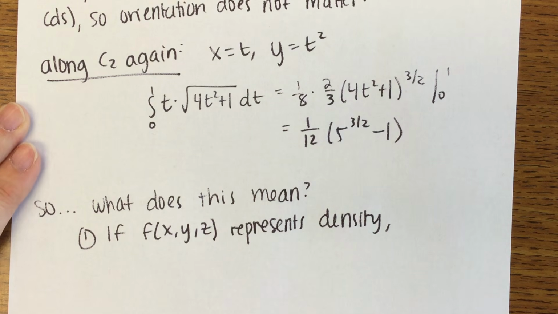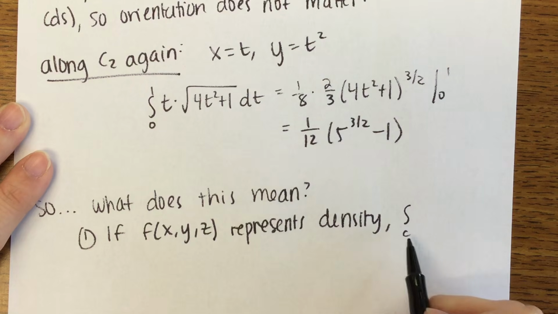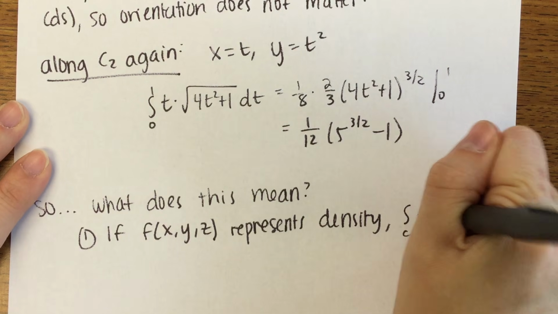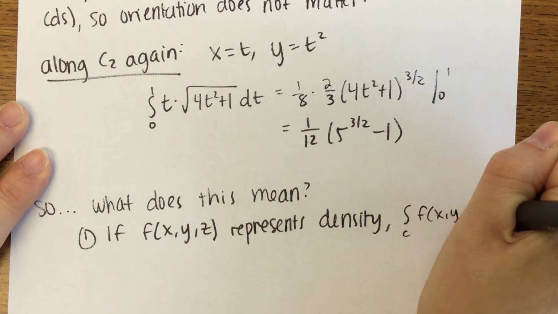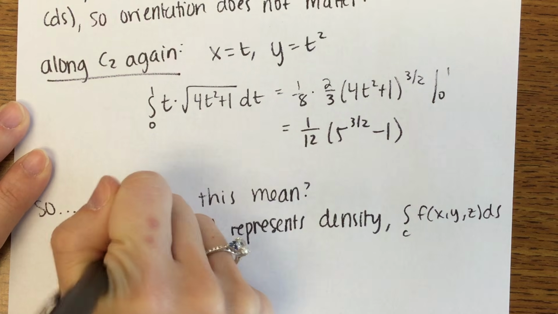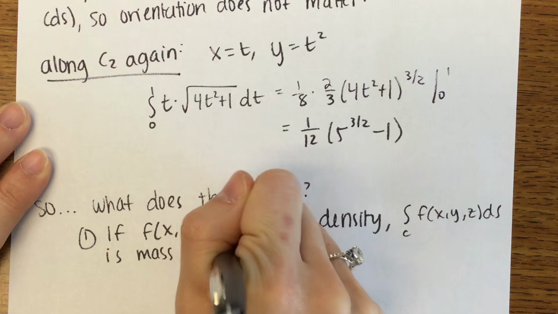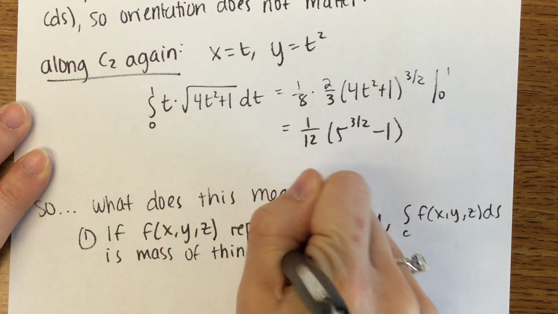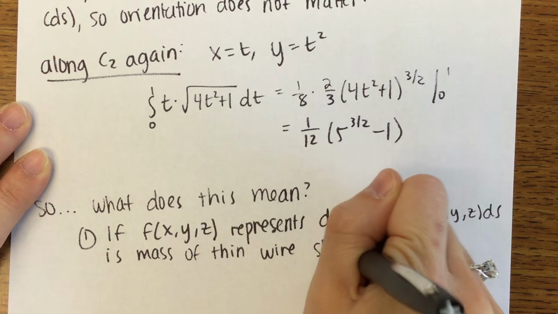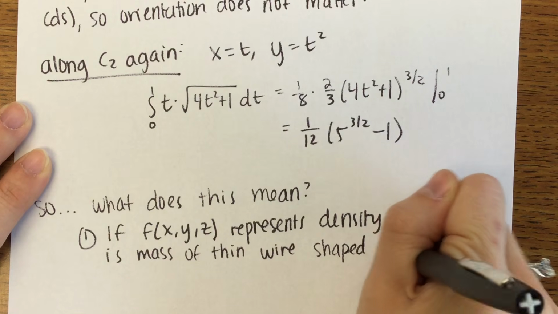So if your function represents density, then the line integral over the curve C of f of x, y, z ds is the mass of a thin wire that is shaped like C.